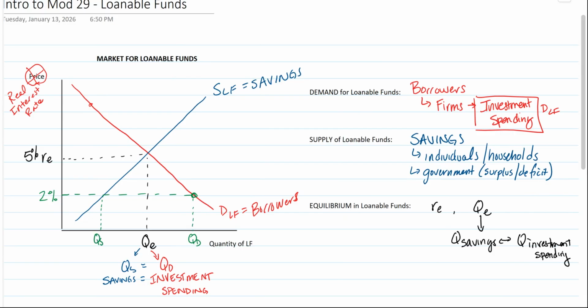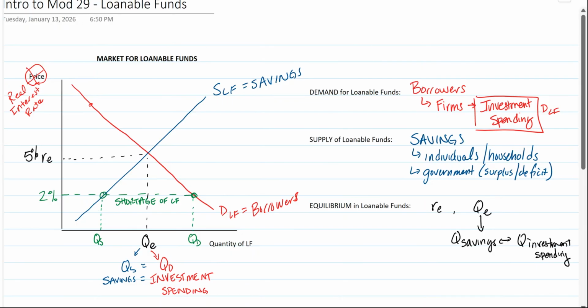At a very low interest rate, you would say, why would I bother saving my money and putting it into these assets if the assets aren't going to give me any return? And so just like in a traditional supply and demand model, we could see a shortage of loanable funds. Too much borrowing demanded, and not enough savings available.